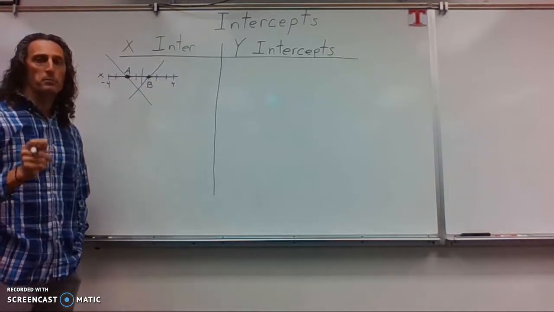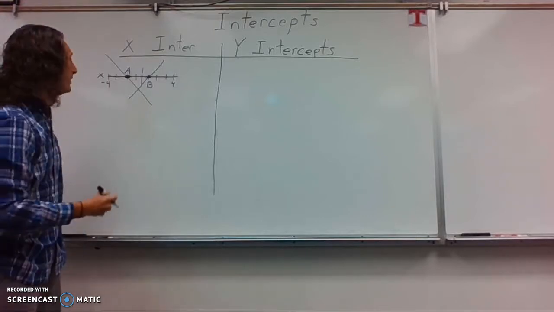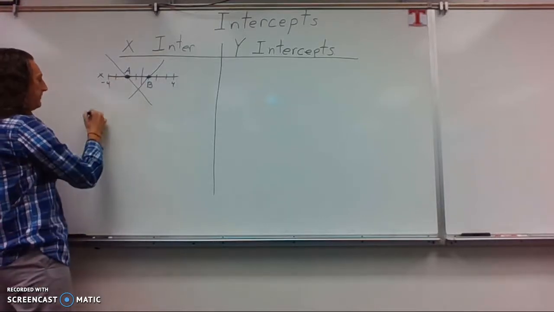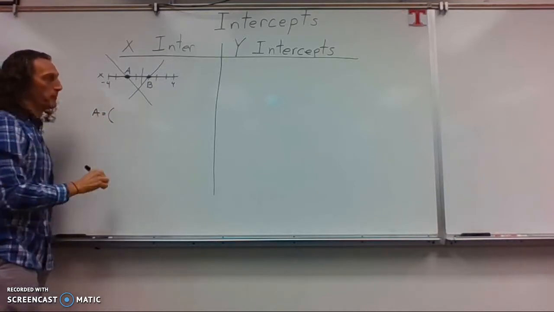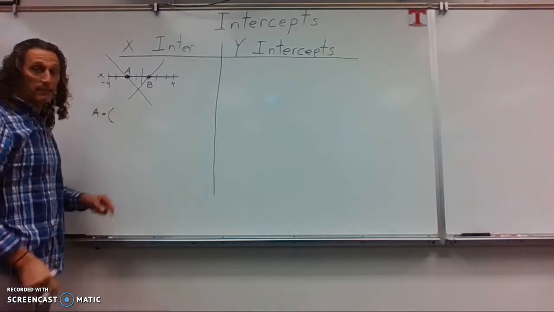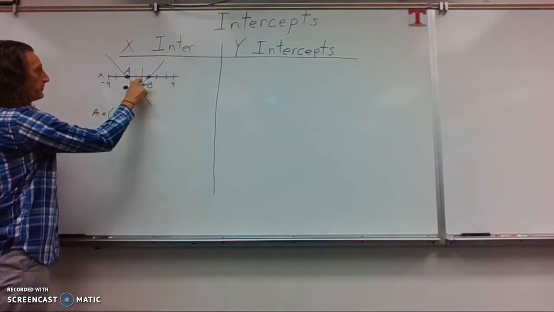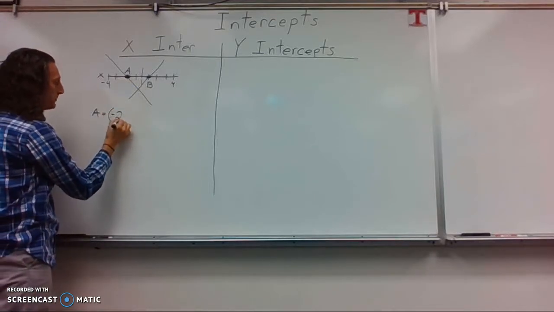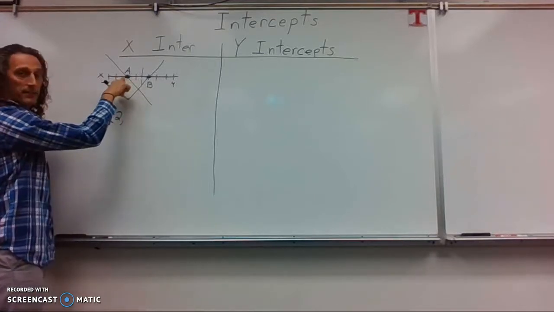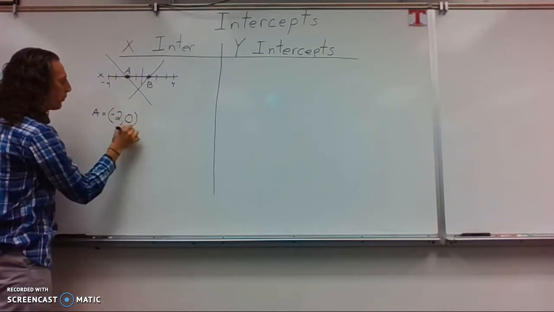And we're just going to look at those points and see what we can see that x-intercepts have in common. So at point A, remember, it's a point, so it has to have two numbers associated with it. Well, if you look at the origin, to get to point A, we go backwards 2. So it's negative 2. But since it's on the x-axis, we don't go up or down. So it's a 0 for the y term.